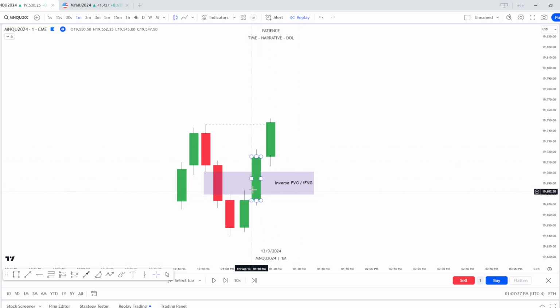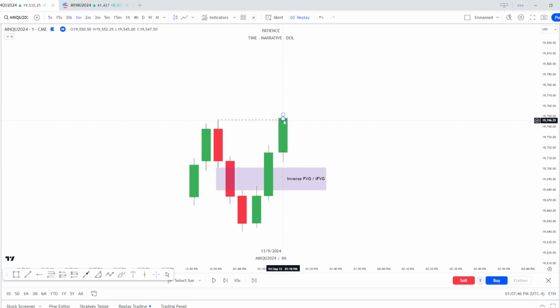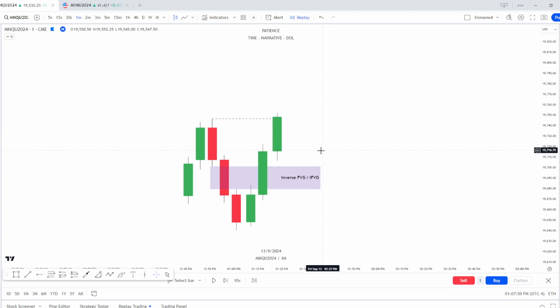Since we disrespected the bearish side, we're probably going to respect the bullish side and go up to this high. Just off of this example, that's what an inverse fair value gap is: a bearish fair value gap getting turned into a bullish inverse fair value gap.